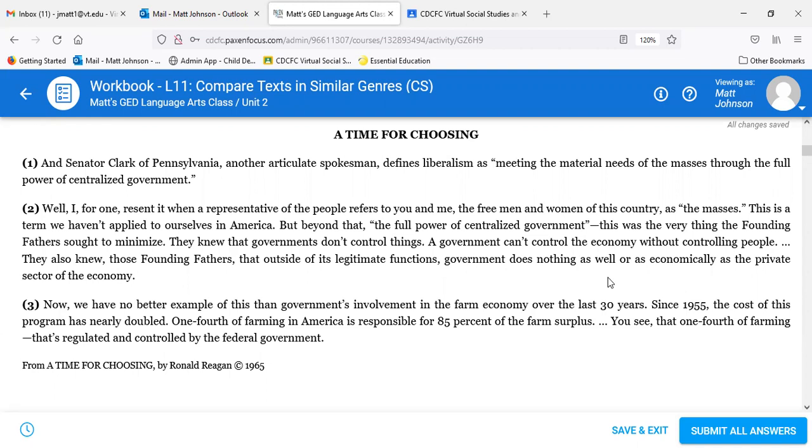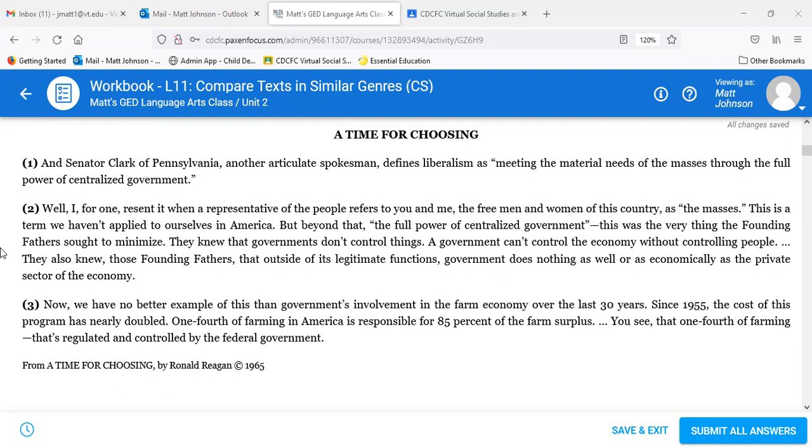They knew that government doesn't control things. A government cannot control the economy without controlling people. They also knew, those founding fathers, that outside of its legitimate functions, government does nothing as well or as economically as the private sector of the economy.